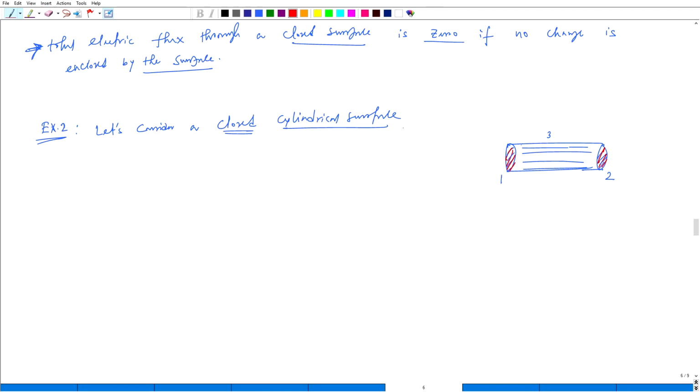If you consider the electric field to be uniform, the electric flux passing through surface 3 is 0, right.